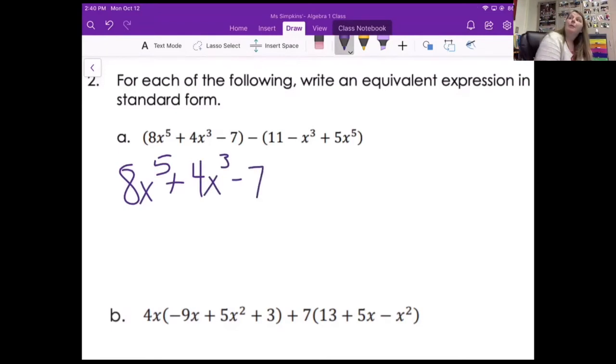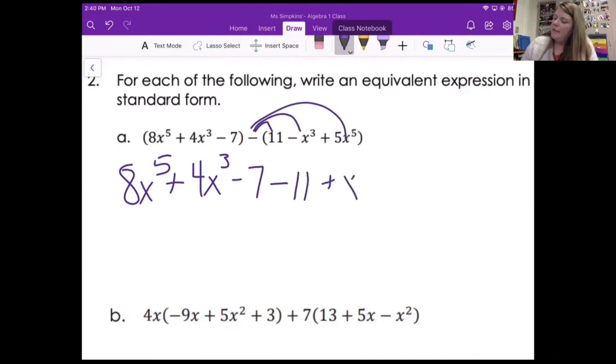The second set of parentheses, though, we are multiplying by negative 1. So that would be minus 11 plus x to the 3rd minus 5x to the 5th power. And then you had to combine like terms.